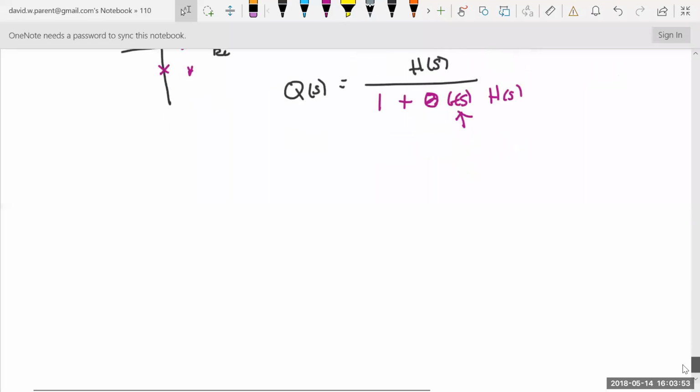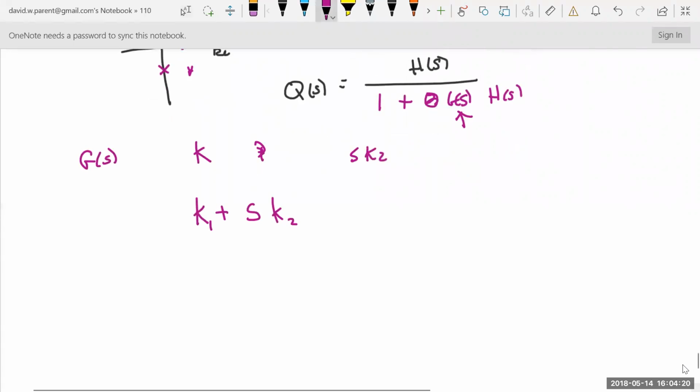And we talked about several G(s)s. We have proportional, which is just a constant, right? We have proportional plus derivative. Now, you can just have derivative too.